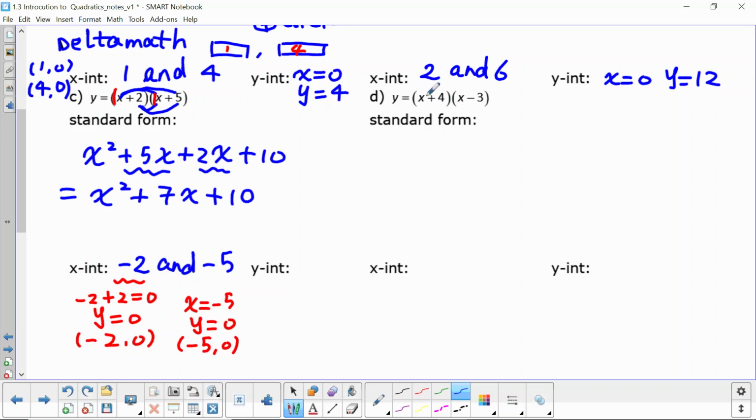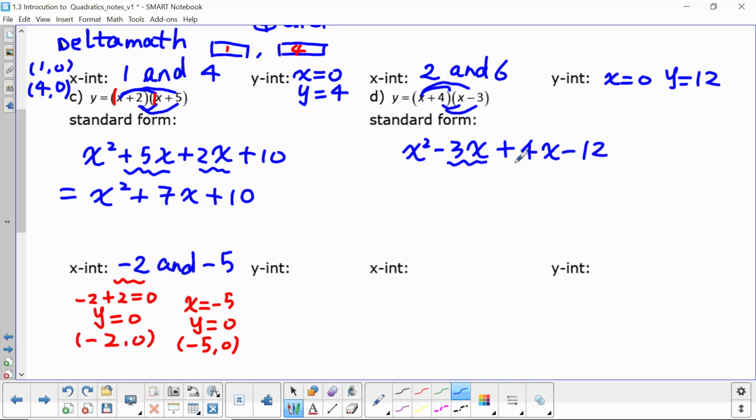So this one, standard form, I just do this one, x squared, the rainbow method. x times negative 3 is negative 3x. 4 times x gives you 4x. And 4 times negative 3 gives you minus 12.